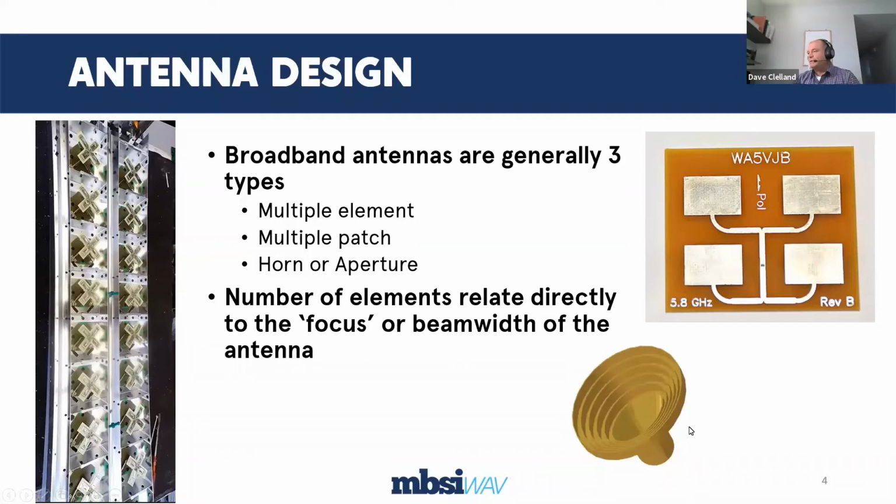There's an adapter on the back of the antenna here that converts the coax cable input into a particular polarity that is then radiated out of the horn, and the shape of the horn actually influences the radiation pattern of the antenna. In this particular case, I'm showing a symmetrical horn that would have maybe 30 degrees beam width and 30 degrees elevation beam width, but we'll talk about that in a second.